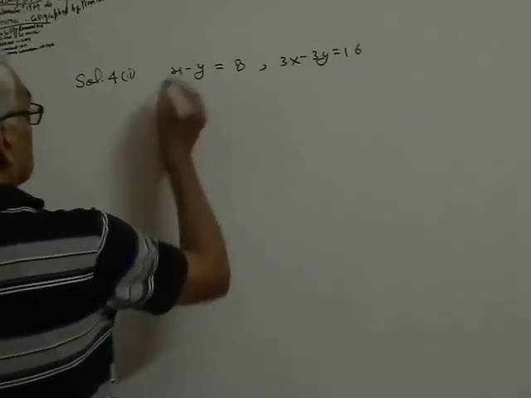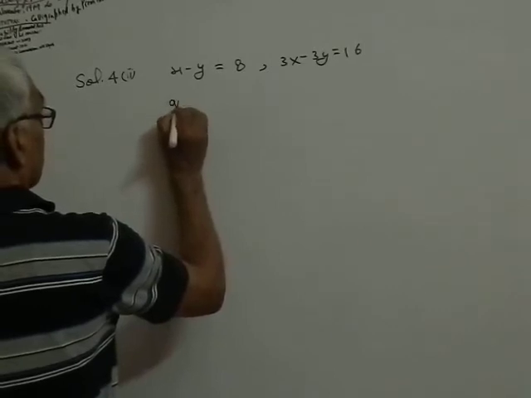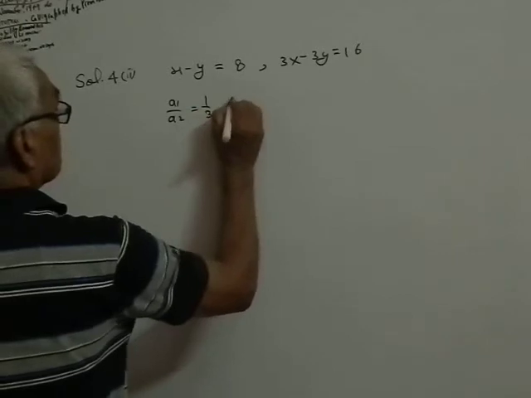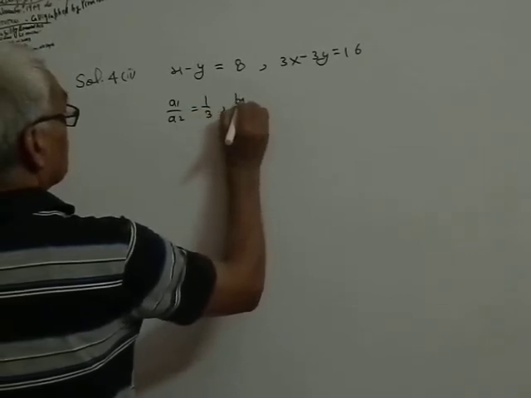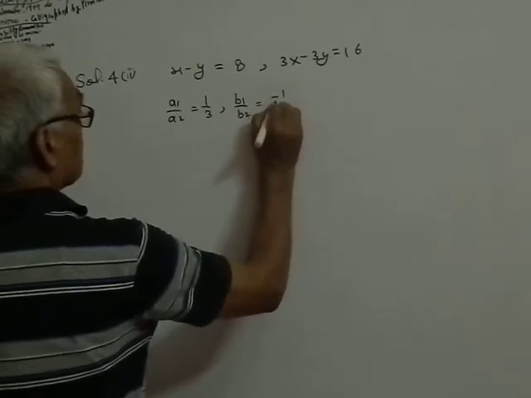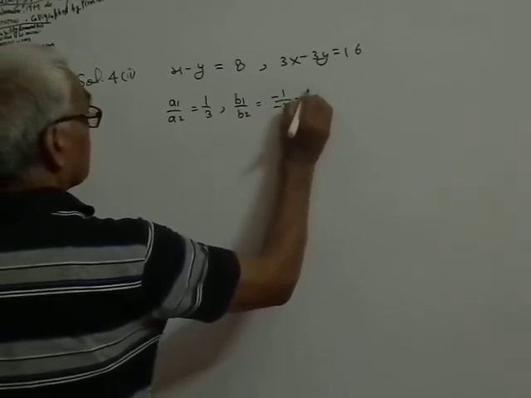So the ratio of coefficients, that is a1 upon a2, is equal to 1 upon 3. b1 upon b2 is equal to minus 1 upon minus 3, that is 1 by 3.